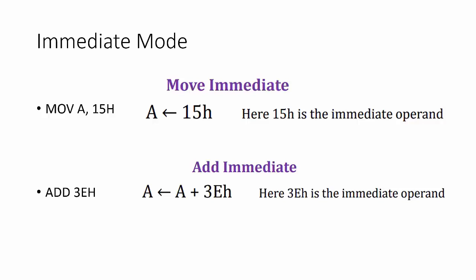Another example, ADD 3EH. Okay, what does 3EH mean? It is immediate data. And what does the instruction mean? It means that whatever contents are present in the accumulator, simply add 3E to them, and whatever result is generated by the CPU will be stored in the accumulator register.